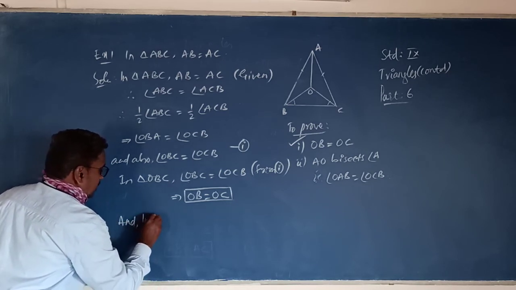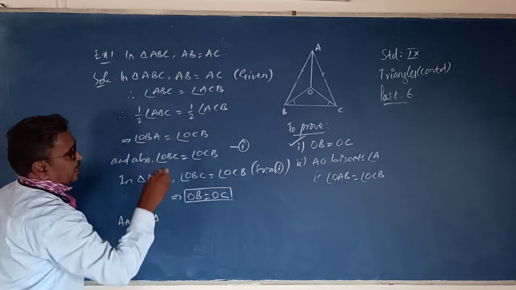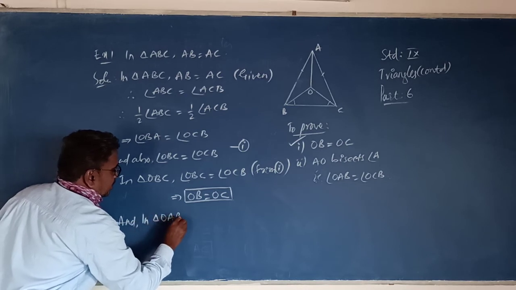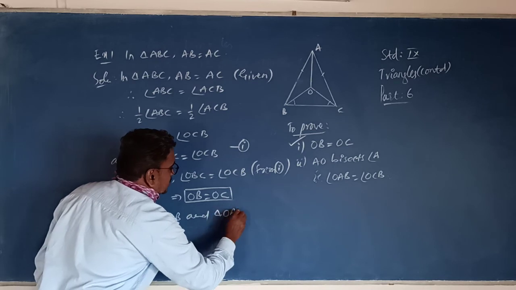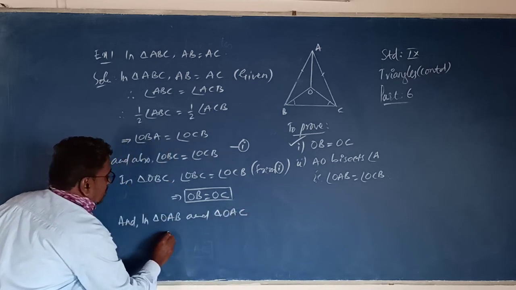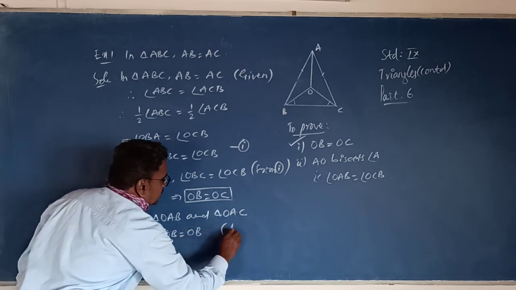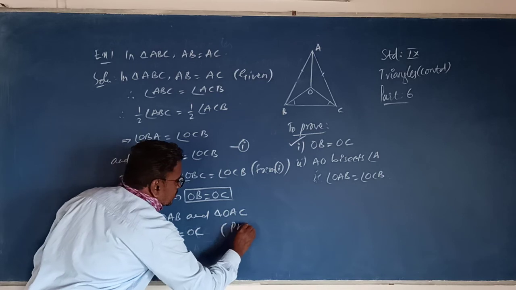Now, what are we going to prove? That AO bisects angle A. In triangle OAB and triangle OAC, OB equals OB, proved. So OB equals OC, proved.